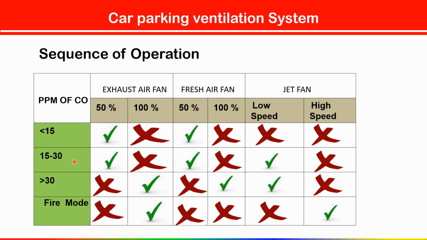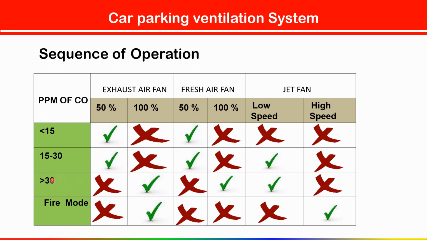Here, if your level of carbon monoxide is between 15 to 30, then we have to run the jet fan also at low speed. And who will control the speed of all these fans? We have a VFD, variable frequency drive, and we are using the VFD to regulate the speed of a fan. So we have to run the jet fan at low speed.